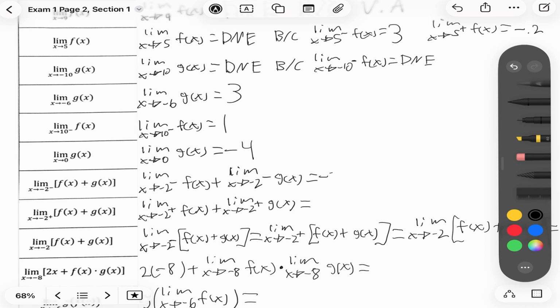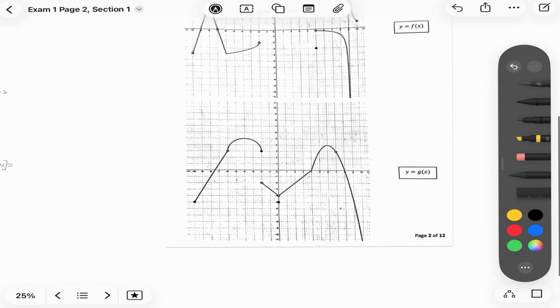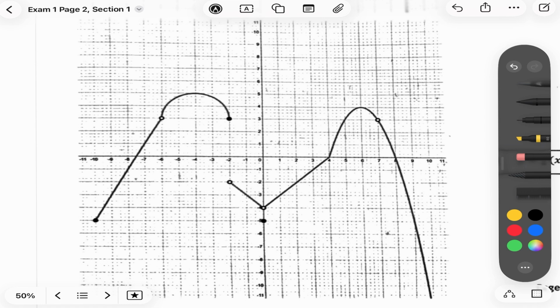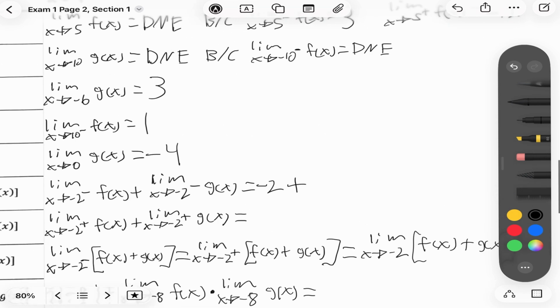We still have to find our g of x, negative 2, approaching from the left. And we can see from the left, we have 3. Negative 2 plus 3 will give us 1. So our answer is 1.